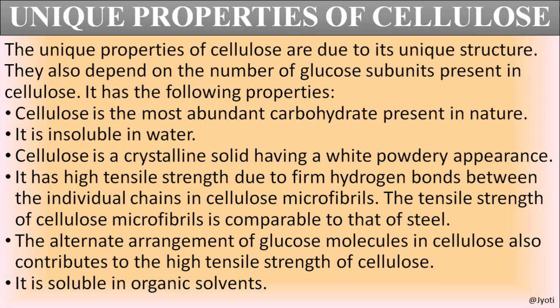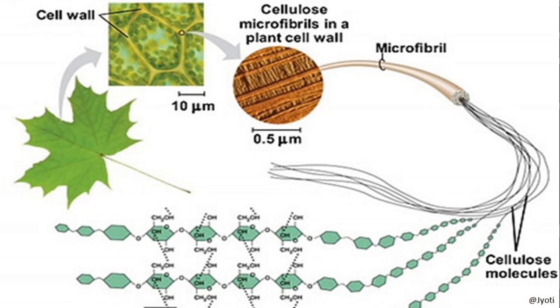The alternate arrangement of glucose molecules in cellulose also contributes to the high tensile strength of the cellulose. So you might have observed, children, while building a wall, how the bricks are kept.